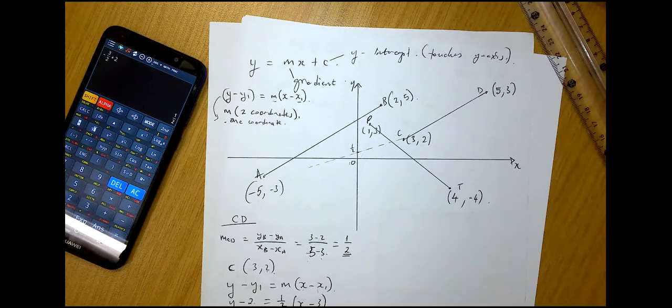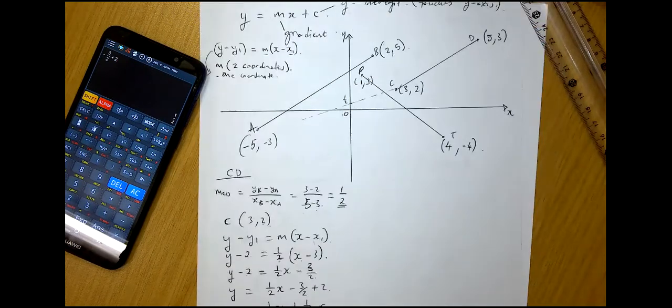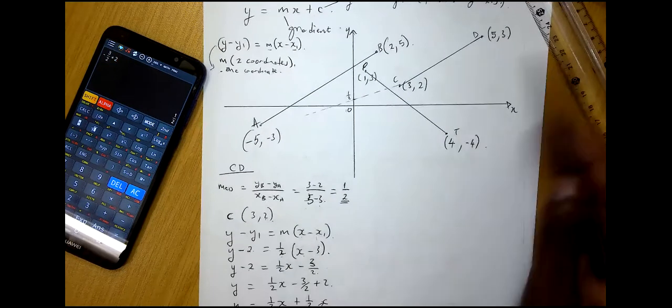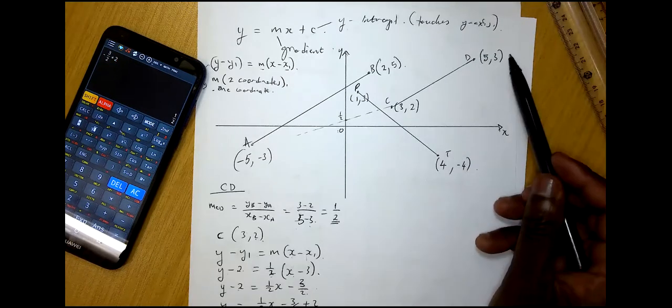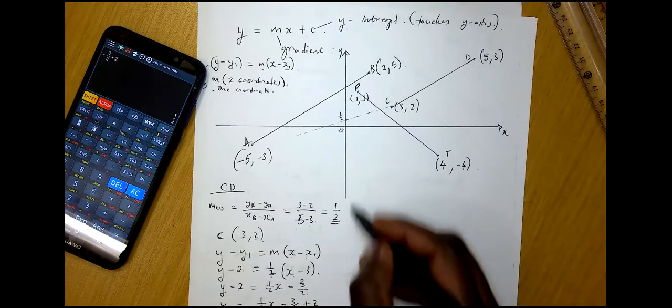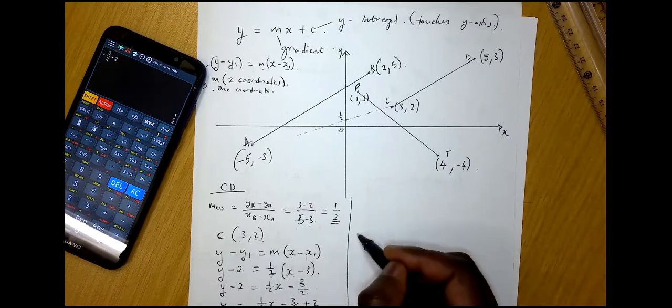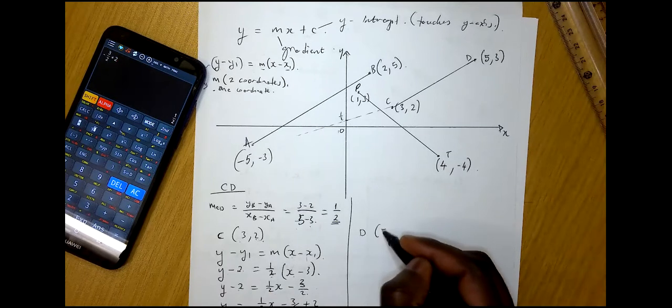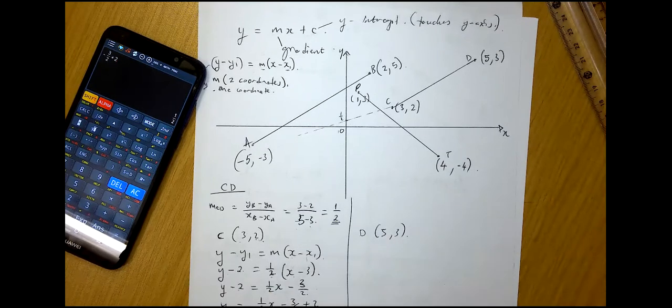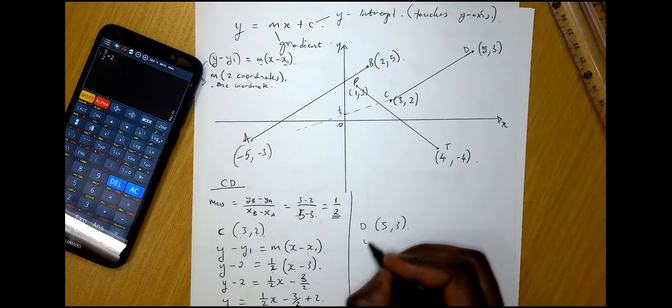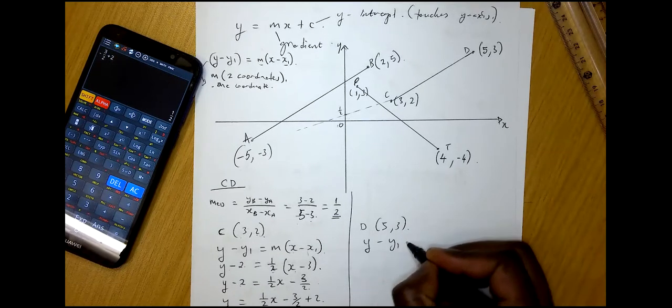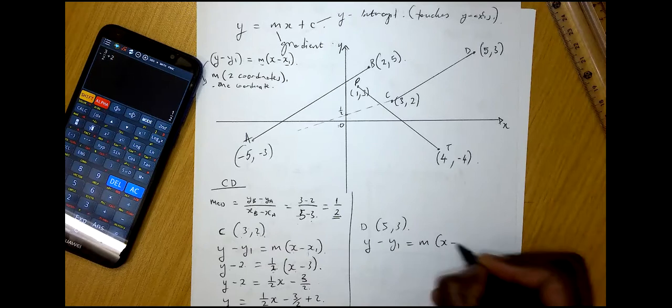Okay, now, you can use any of the points. You can choose this point, you can choose this point. So let's just cross check here. If we are to use D, D is 5 and 3. I just want to show you here so that you can understand. y minus y1 is equal to m times (x minus x1).